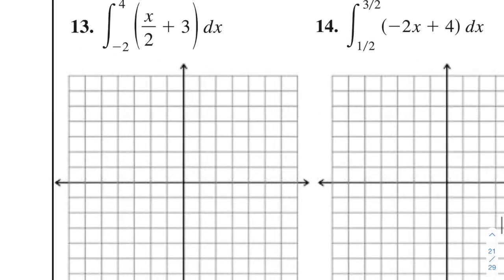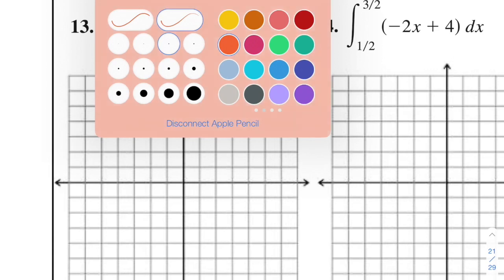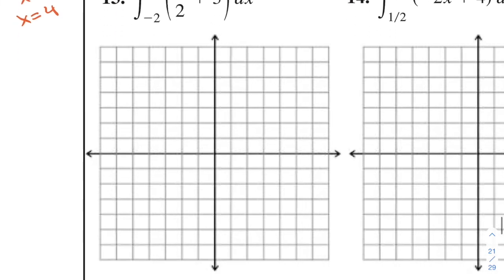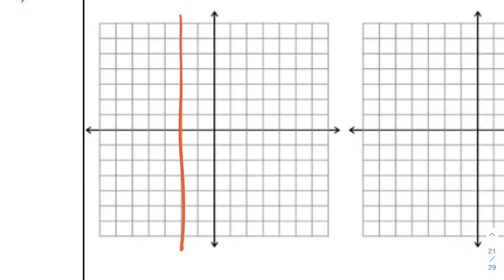You're going to do x equals -2, x equals 4. Okay, so let me graph those first. X equals -2 is right here. And we have x equals 4, right?